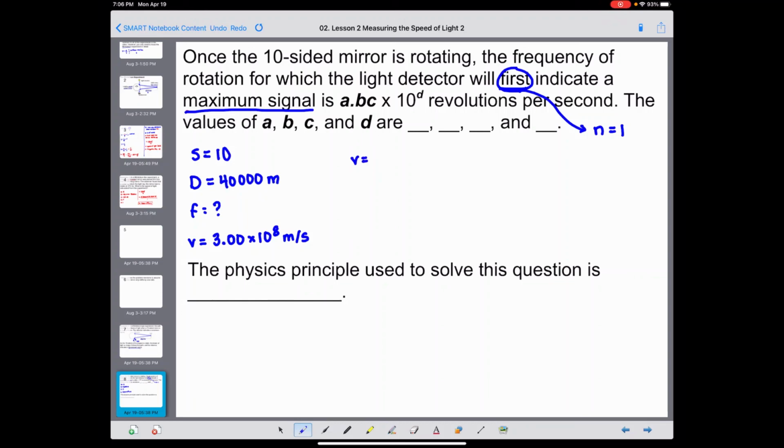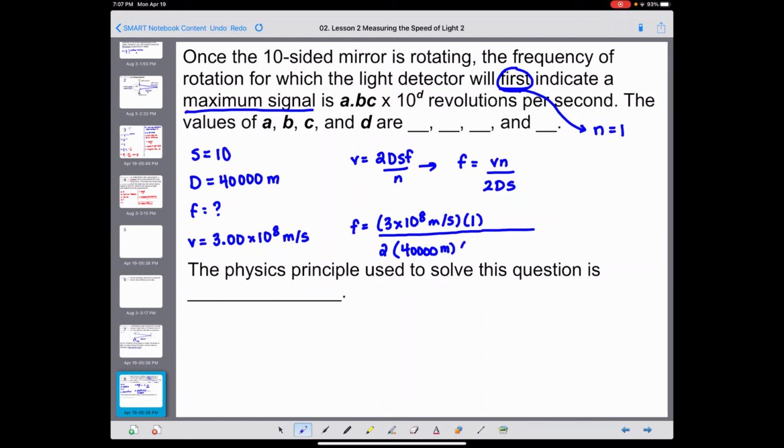So we're going to have v equals 2dsf over n. And we're looking for f, so this is going to be vn over 2ds. So 3 times 10 to the 8 times n is 1, over 2 times 40,000 times 10.